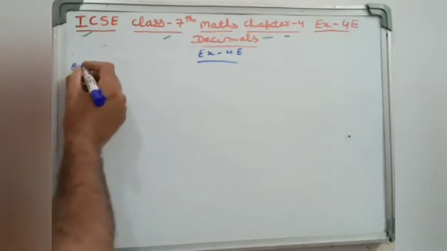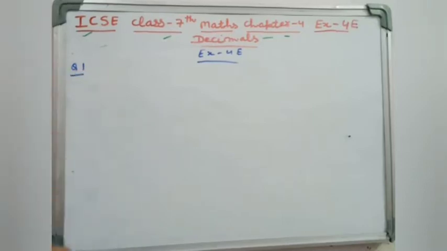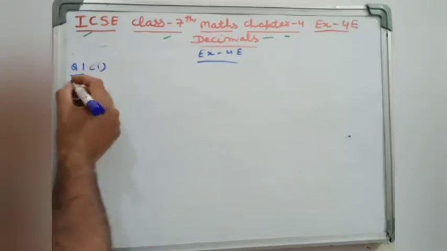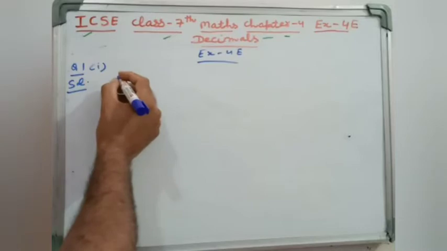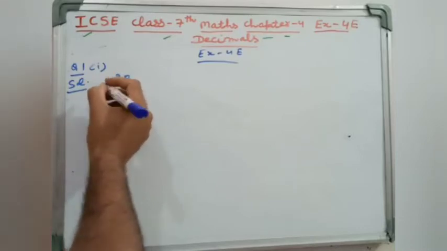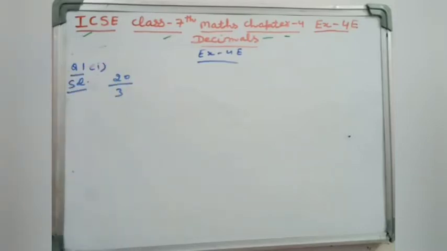For question first, part first, the solution is to express 20 by 3 as a recurring decimal.